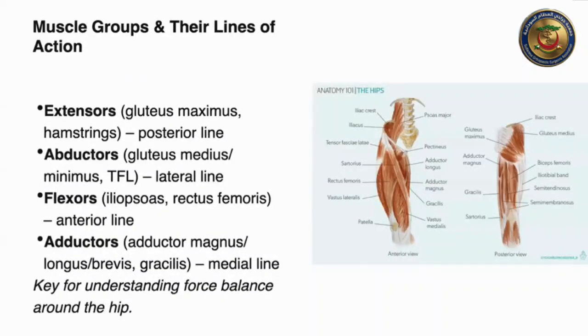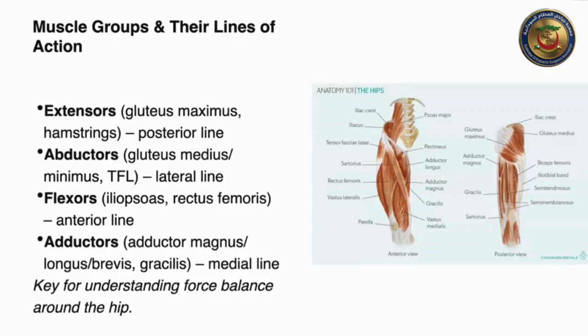So about muscular anatomy, we have many groups. Extensors like gluteus maximus and hamstrings are responsible for about 30 degrees of extension. Abductors like gluteus medius, which is the most important muscle that supports the hip, and gluteus minimus and tensor fascia lata, are responsible for about 45 to 50 degrees of abduction.